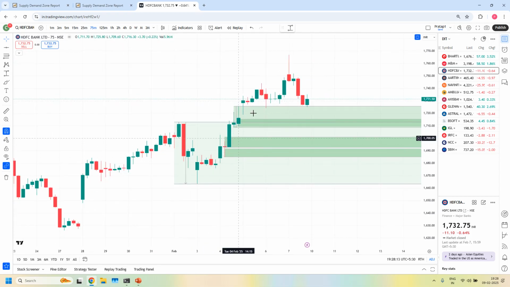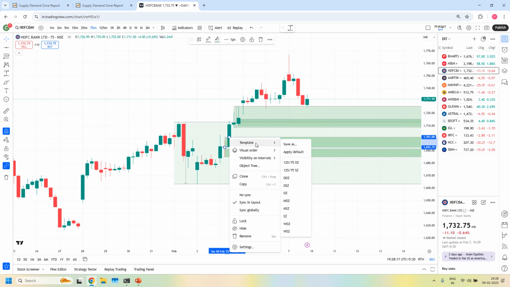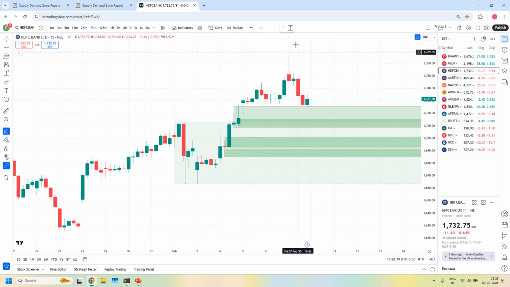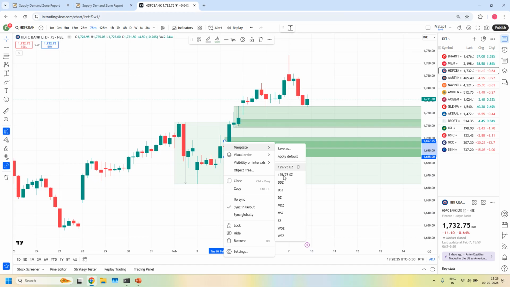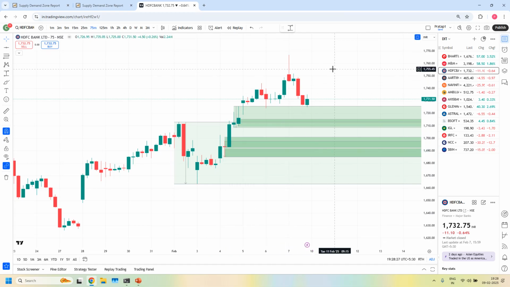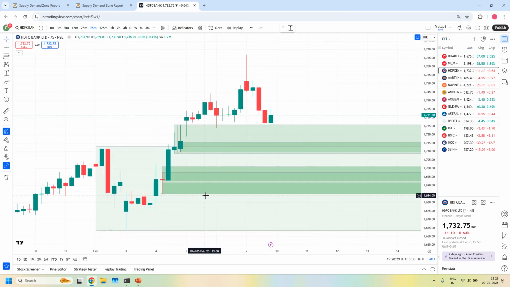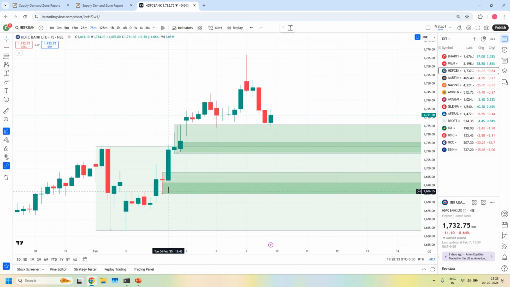Okay, here rally, base, rally. So rally, base, rally, this is 75 inside the 15 minutes.